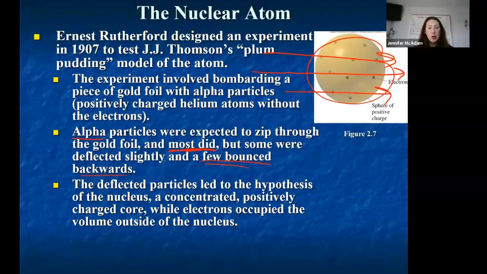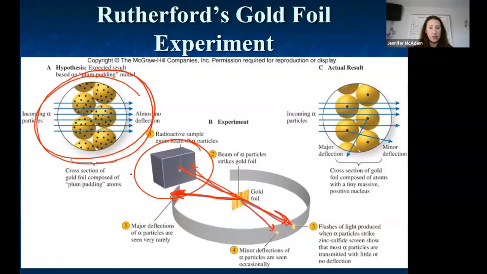Because most of them went through, Rutherford decided that the nucleus must be really tiny, because most of them went straight through just as expected. But those few that bounced right back mean that we must have a very hard, very dense, positive something in that atom. And that's what Rutherford called the nucleus.